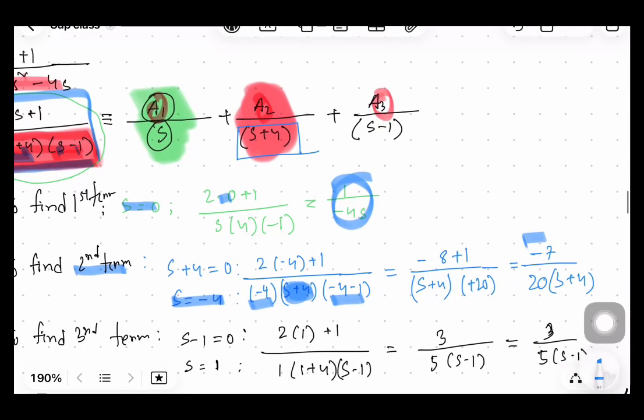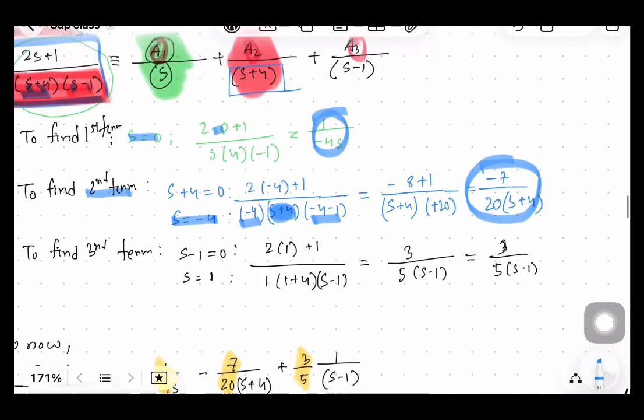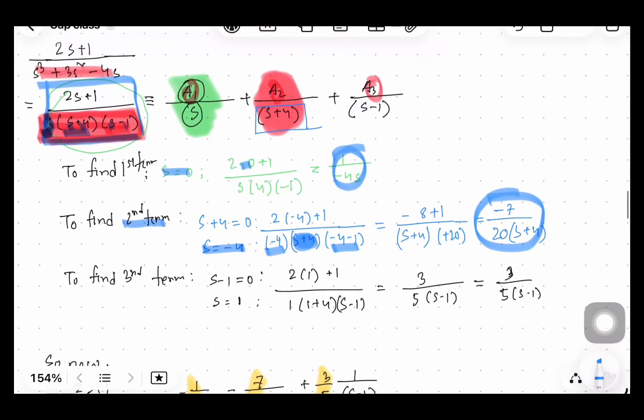Ultimately we get minus 7 divided by 20 times (s plus 4). Again, to get the third term, we consider the third factor, s minus 1 equals 0. So we get s equals 1, and we put this value into the equation and get 3 divided by 5 times (s minus 1).